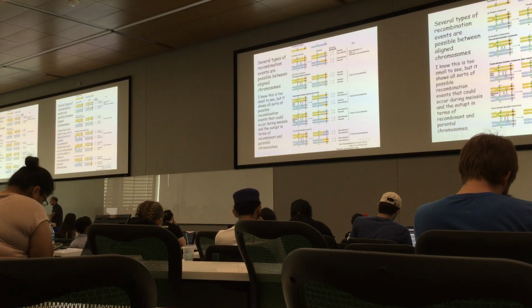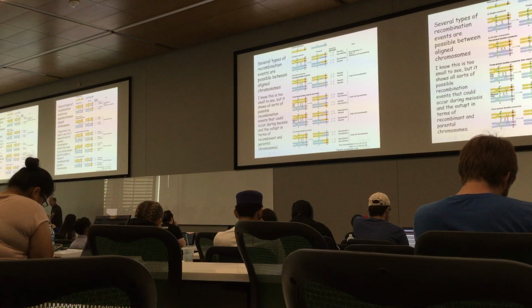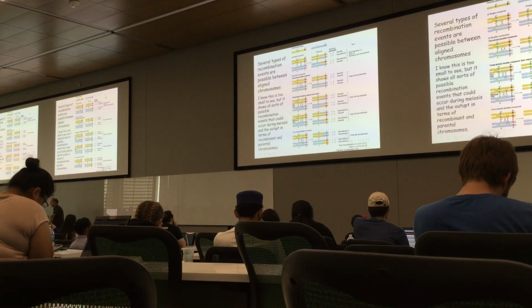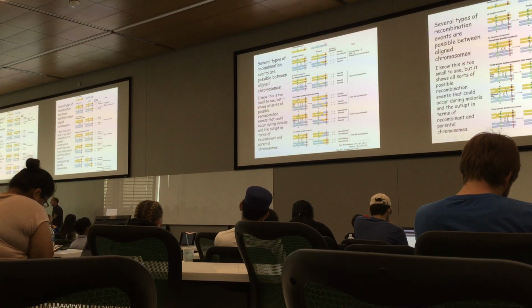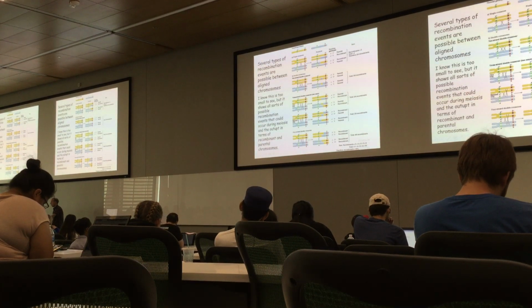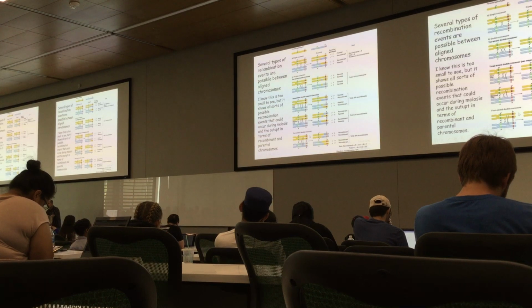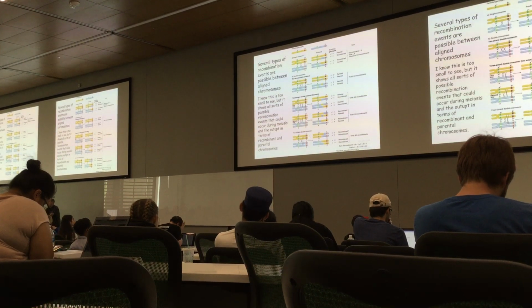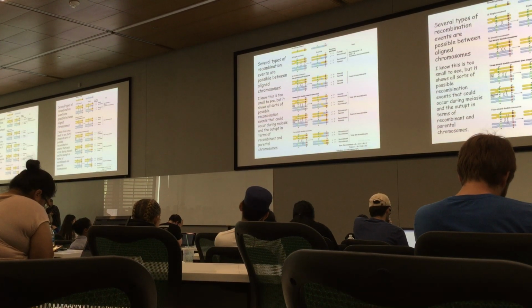And the idea, I think, is just to show you that sometimes you could get half recombinant, half parental. Sometimes you get all recombinants. Sometimes you might have two recombination events which kind of reverse one another so that you maintain an all parental configuration. Each example is just saying that you can get different outputs in each meiosis depending on exactly what's recombining with what in that particular meiosis.